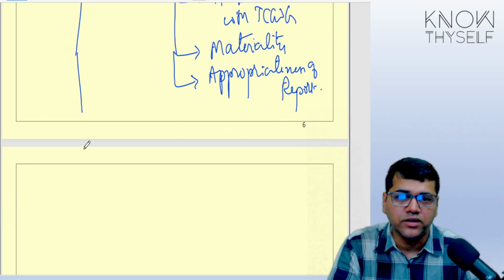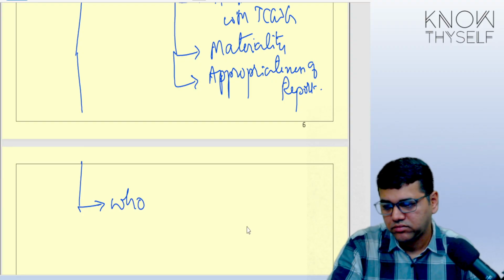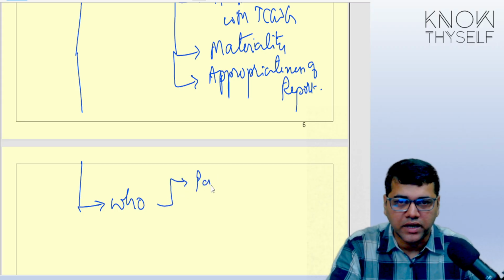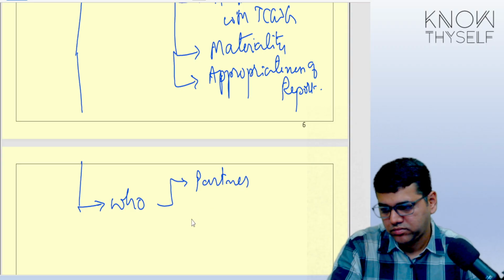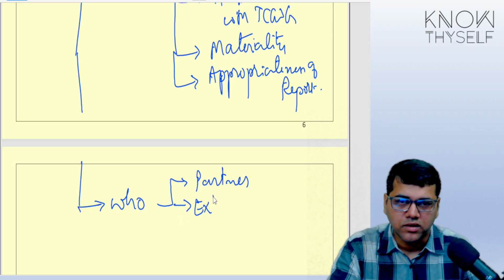Next question comes, who? You can ask here, who is that EQCR? Who can be an EQCR? He can be a partner or an external person.